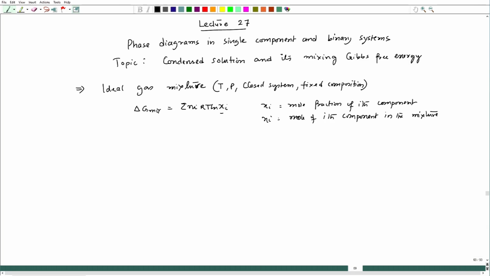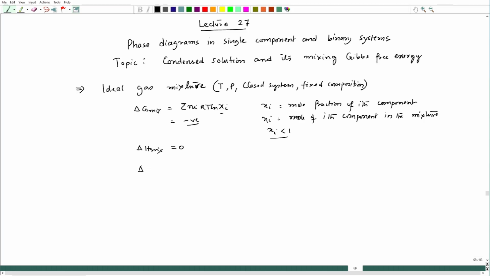This was the equation we found out, and we have also seen that this will be always negative when it is a mixture, because Xi is less than 1, so the ln Xi term would be negative. So, mixing of ideal gases will be always a spontaneous process, and consequently we have found out del H mix equal to 0. That means enthalpy evolution due to mixing of ideal gases will be nil.